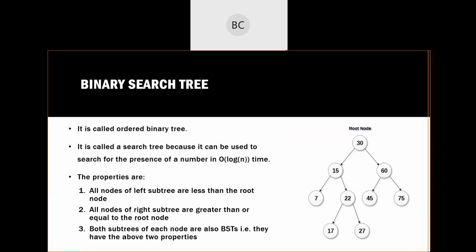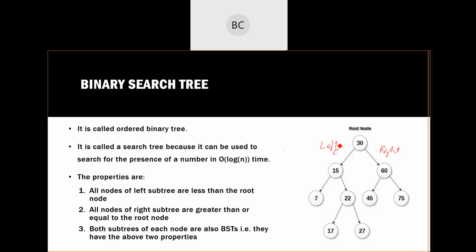If it is your root node, then all the nodes in the left subtree will be less than the root node, and all the nodes in the right subtree will be greater than the root node.